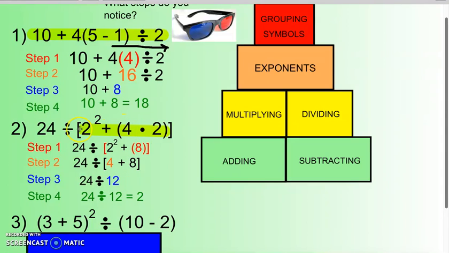Yep, whenever within this numerical expression, it has an addition symbol, we need to add 4 plus 8 to get 12. And then our last step, looks like we are taking 24 divided by 12, and the answer is 2.